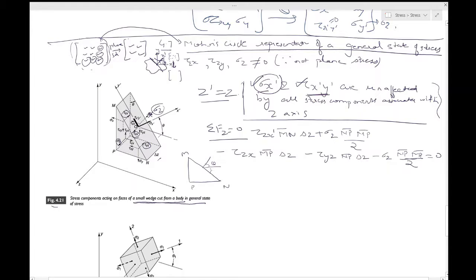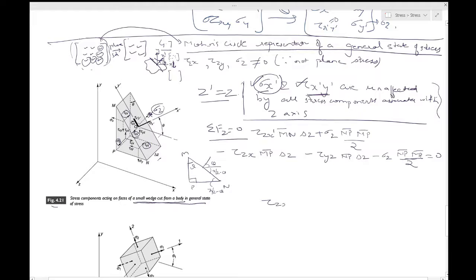So this angle is 90 minus theta, this angle is 90 minus theta, this is 90, and this is theta. So what is the relationship between all these things? We want to now divide by something. It's always better to divide by MN. Let's see how we can arrive at the next equation.